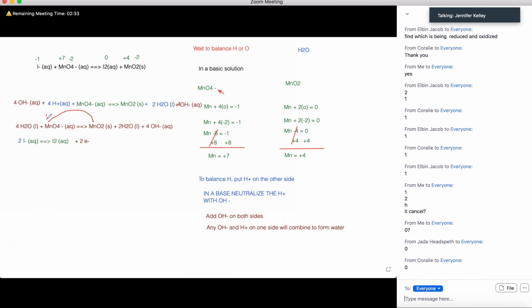Over here, we said it was +7. And over here, we said it was +4. That's what we did up here. So this was a +4, and this was a +7. So we're trying to figure out how to make them equal. We always add on the more positive side.